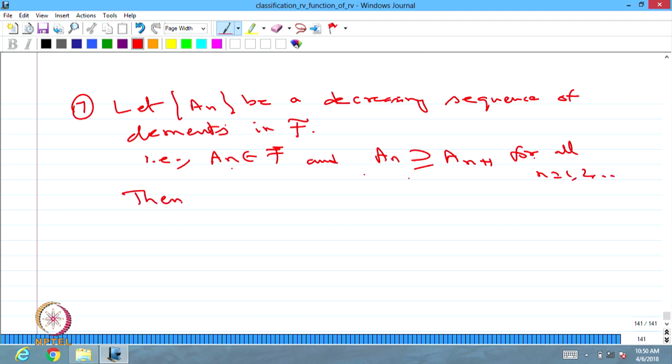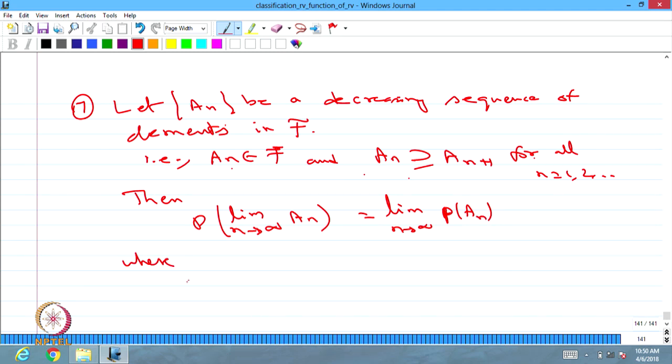In this case, P of limit n tends to infinity of A_n is the same as limit n tends to infinity of P of A_n, where the limit of A_n is nothing but the intersection of n equal to 1 to infinity of the A_n's, because the A_n's are a decreasing sequence of elements in F. I am not giving the proof of these results, but it can be proved easily.